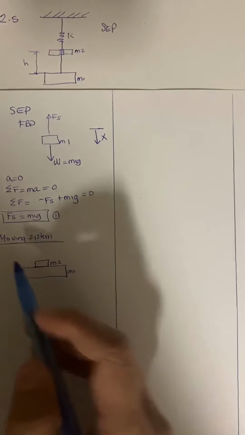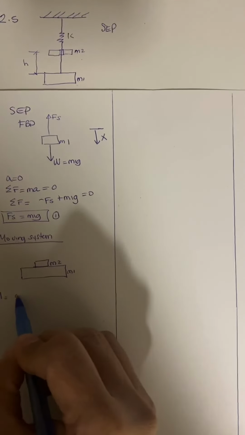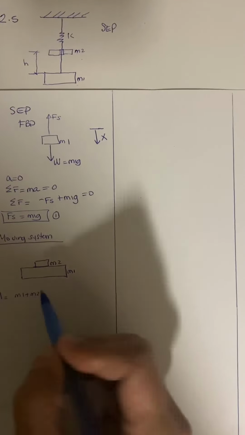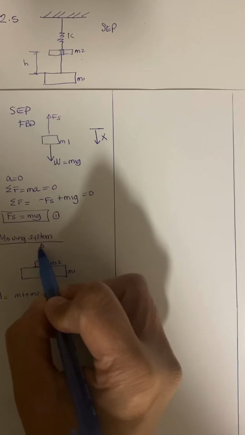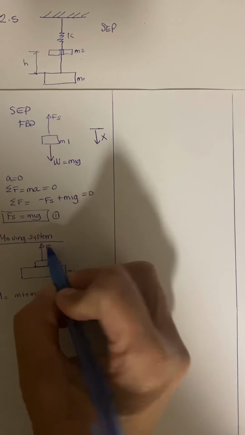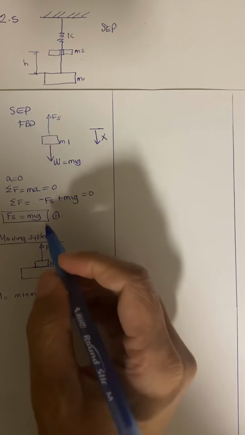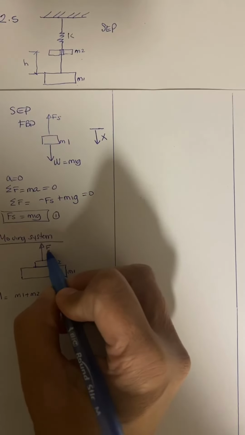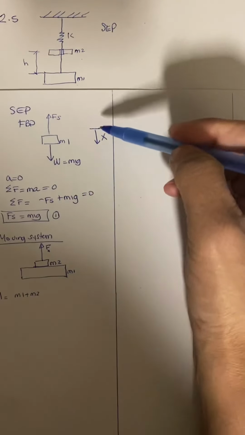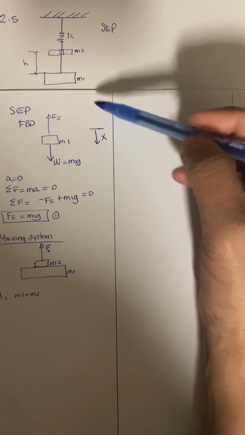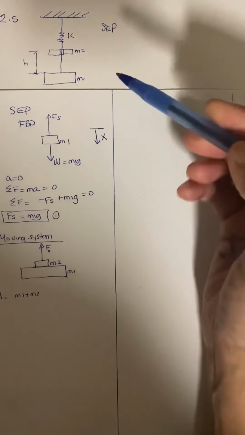Now the total mass of this system equals M1 plus M2. And the forces acting on this system will be the spring force related to the stretch of the spring when it undergoes movement downward.